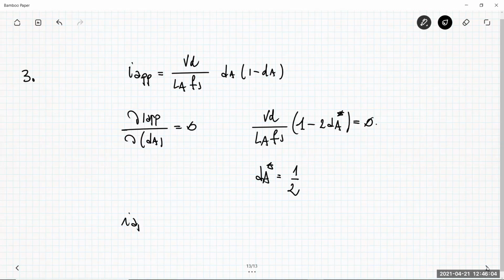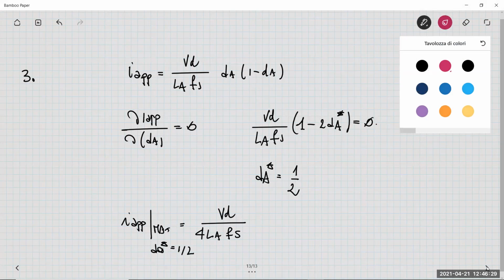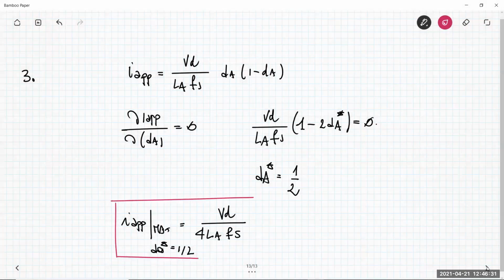And so the maximum peak-to-peak ripple, for dA star equal to 1/2, is Vd over LA Fs multiplied by 1/4. Simply replace 1/2 in the previous expression and you find this quantity.